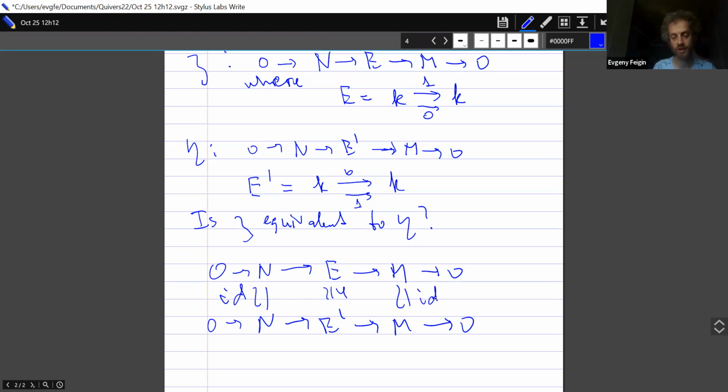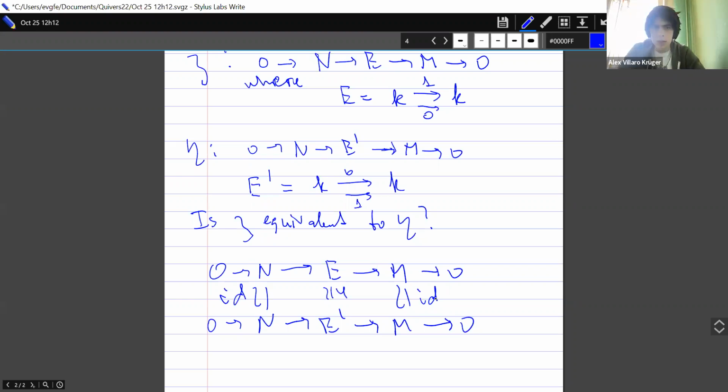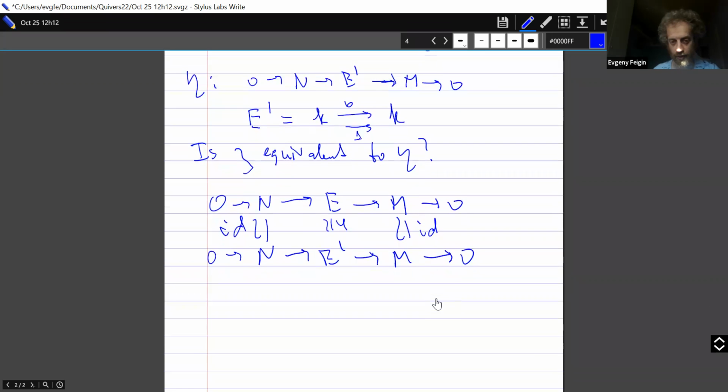Are they equivalent or not? I don't think so, because to map E to E prime, we have to map the first K to a 0, the first vector space.